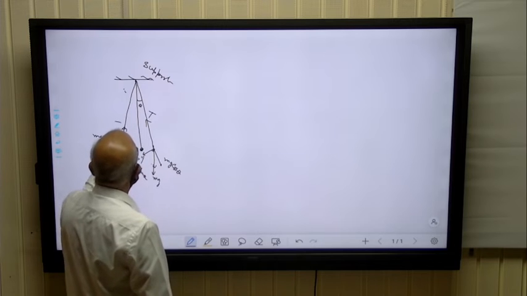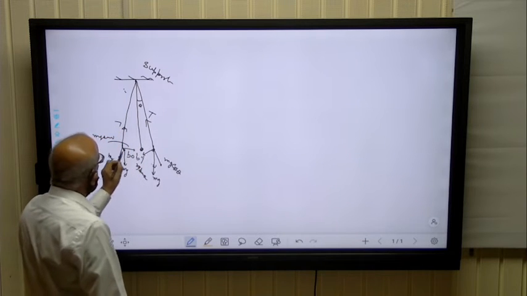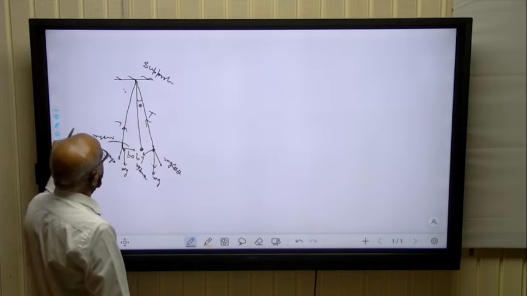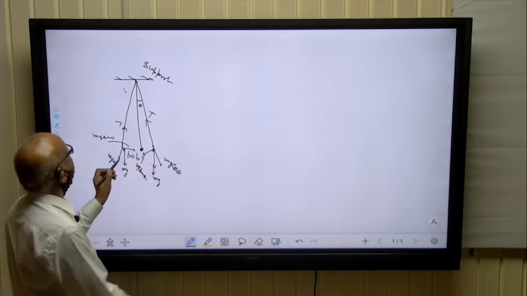Again, when it is going away from the mean position, force starts to act.